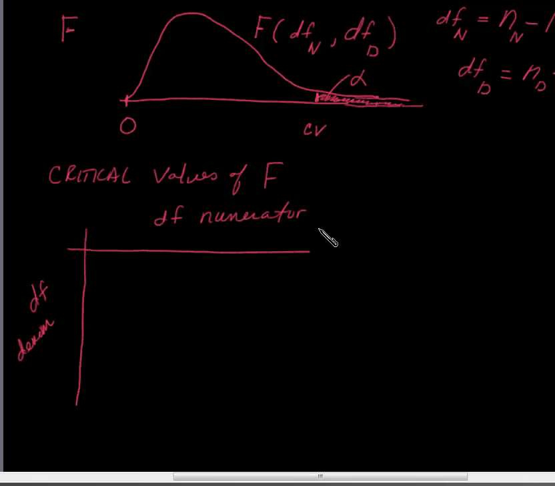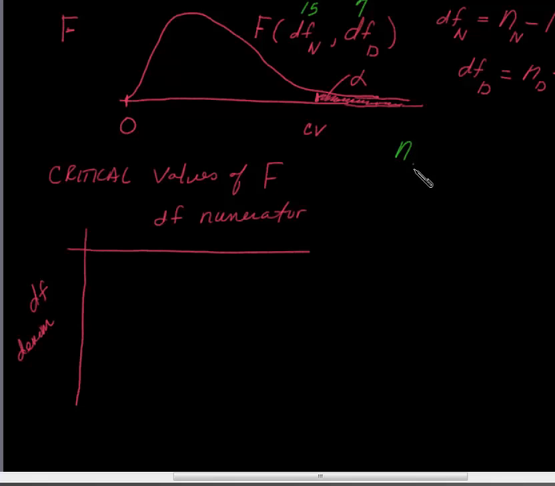Now suppose that what we want is a critical value, and let's just further suppose that for this experiment here, the blood pressure experiment, suppose that we have 15 women in the sample and 7 men.